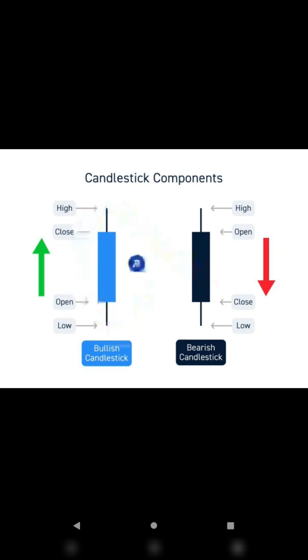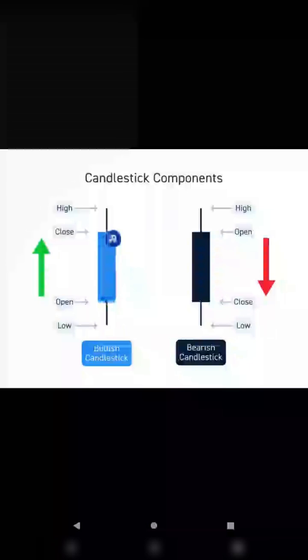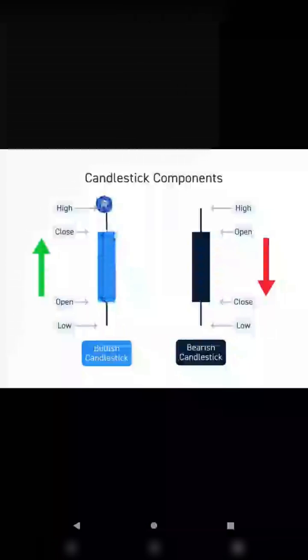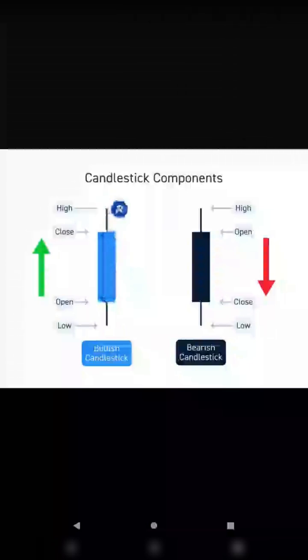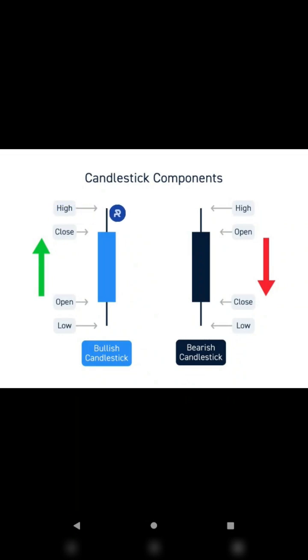So the body of the candlestick is where we have the color painted blue. You get me? Then the tip here is called the high of the bullish candlestick. And then just where the tip comes from, that particular place where the arrow is, is called the close, that's the closing price of the candlestick.